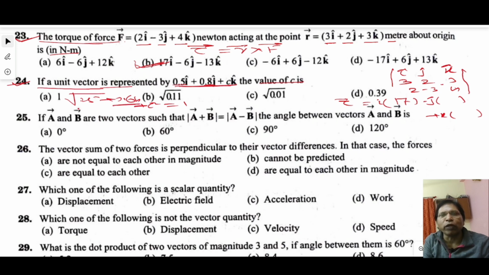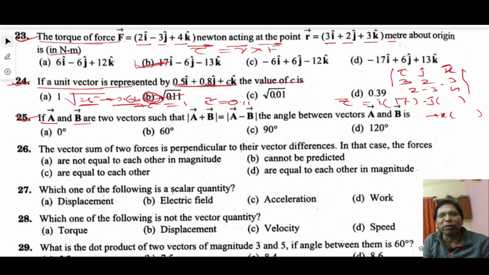Now 0.64 and 0.25 make 0.89, therefore c square equals 0.11, therefore c equals root of 0.11. This is option B. Okay, understood.